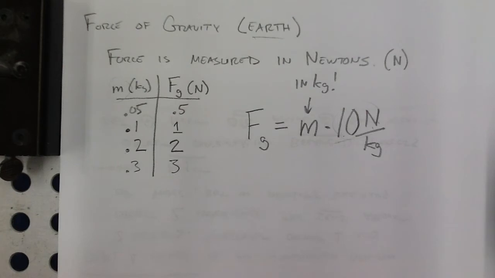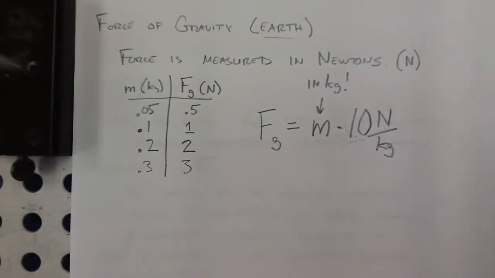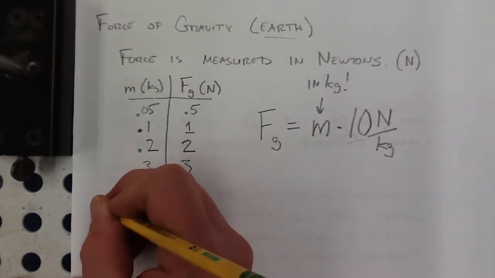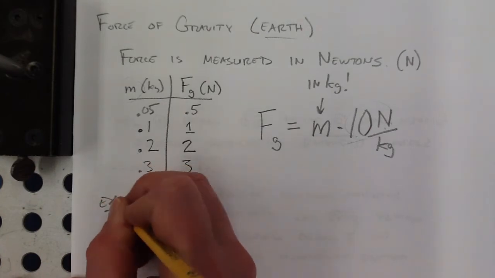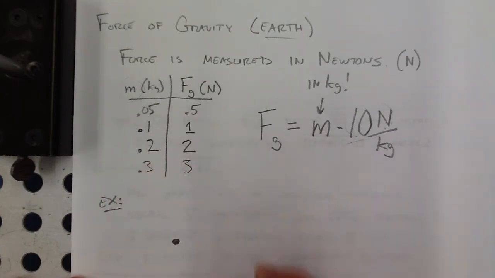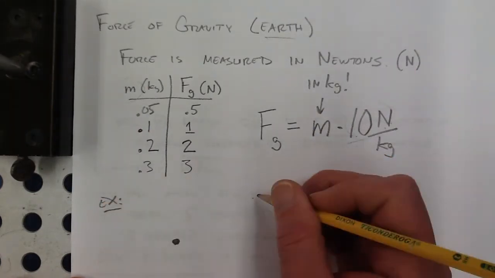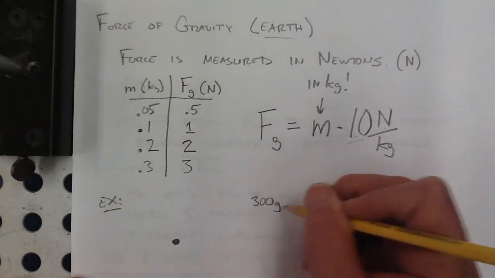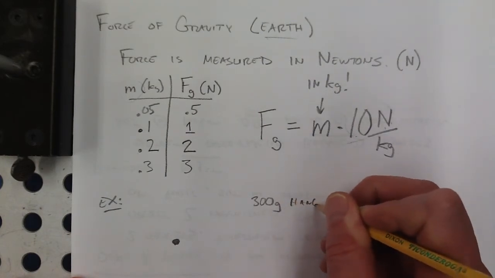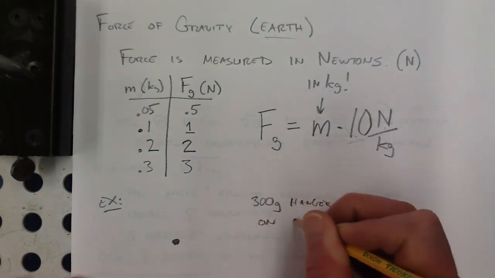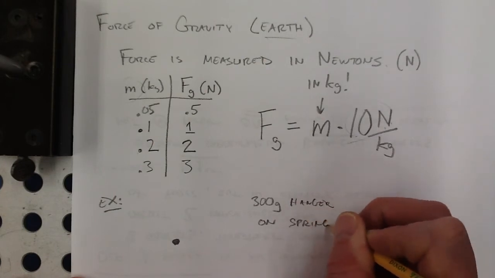What does that mean? It means now, if we wanted to make a force diagram, let's make a force diagram of this. I will make my dot here. This example is a 300-gram hanger on a spring scale.